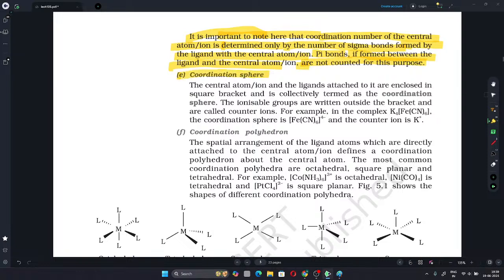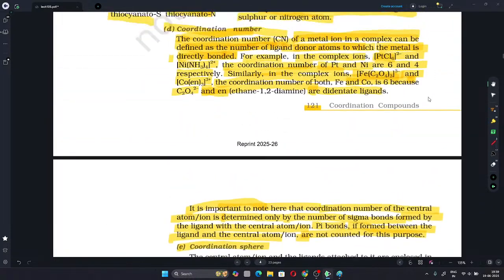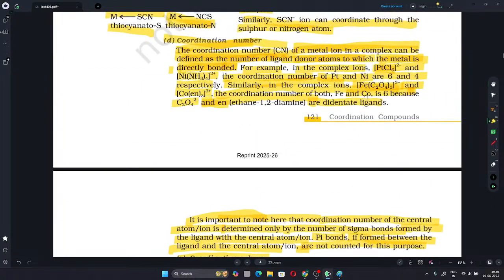If you have confusion about why we counted denticity, here we took that denticity is 6, where we only took 3 molecules, but the denticity we multiplied by 2. Why is that?